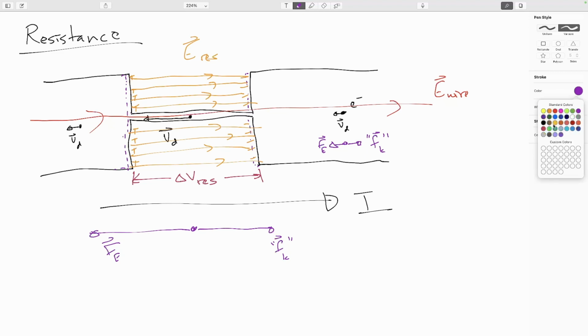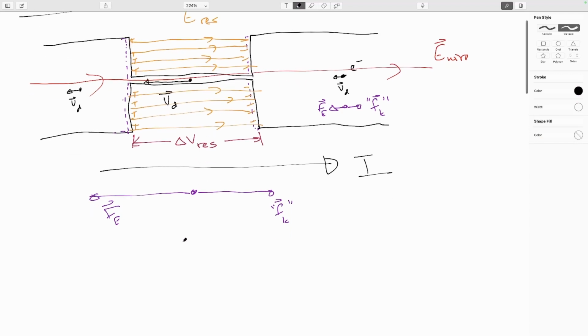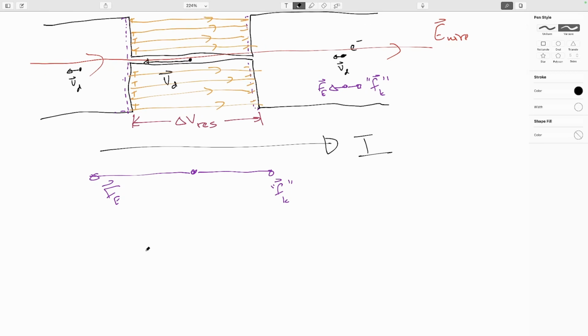Now, to characterize just how hard you have to work to get the electrons to go through the resistor, we cleverly define a quantity called the resistance.